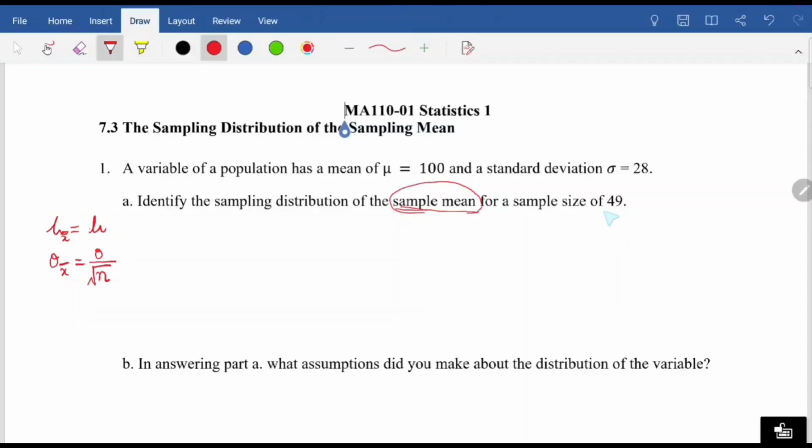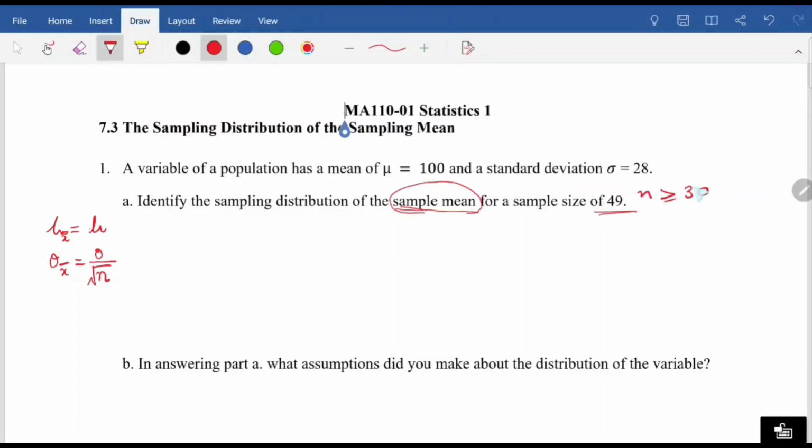Now, we said that if we use a large enough sample size, then we can be pretty much sure that the distribution is going to be normal. It's going to be a symmetric distribution, no matter how the variable is distributed. And a large enough sample size is a sample size greater than or equal to 30.